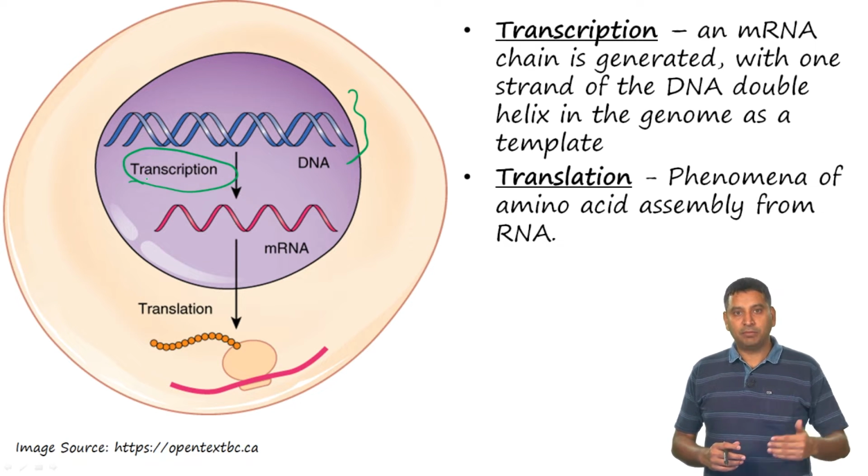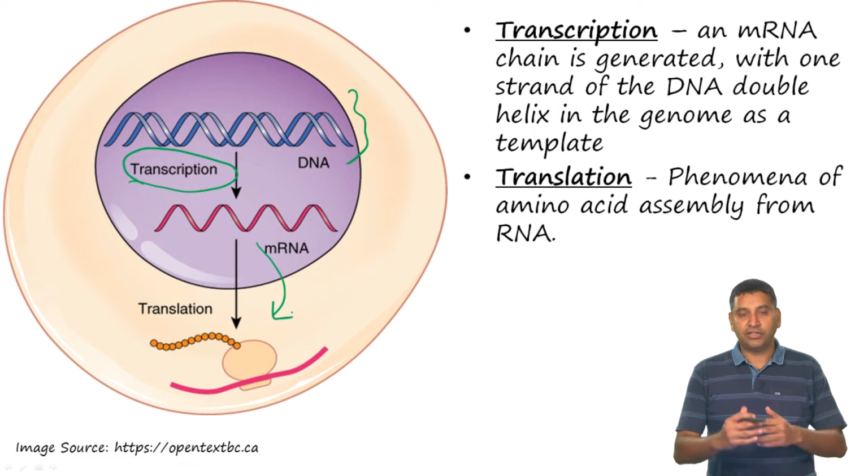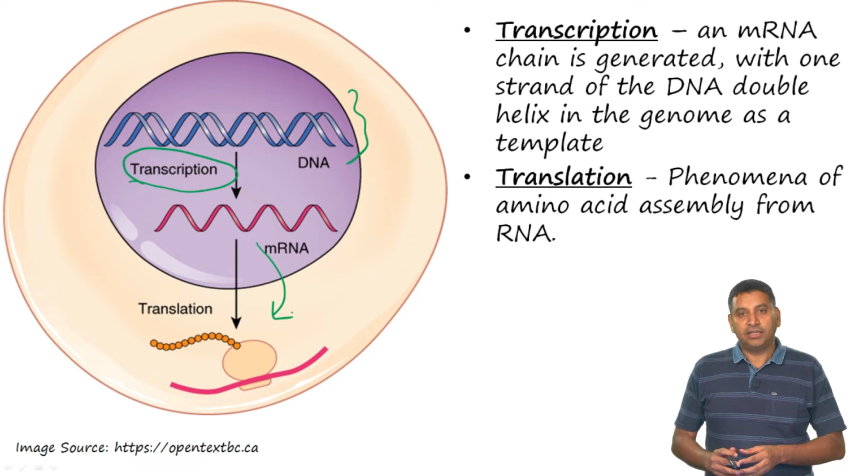This mRNA then translocates out of the nucleus, gets into the cytoplasm, and then it starts doing the process of translation, which is nothing but amino acid assembly from RNA.